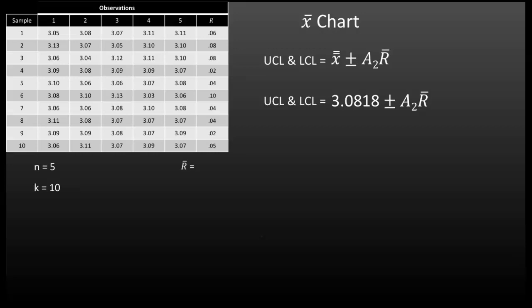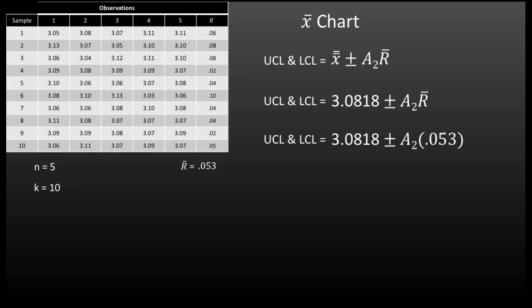Now, our formula here is calling for R bar. Well, to find R bar, we now need to take the average of all of our ranges. So if we average our 10 ranges that we found, the average range, or the R bar, will be 0.053.